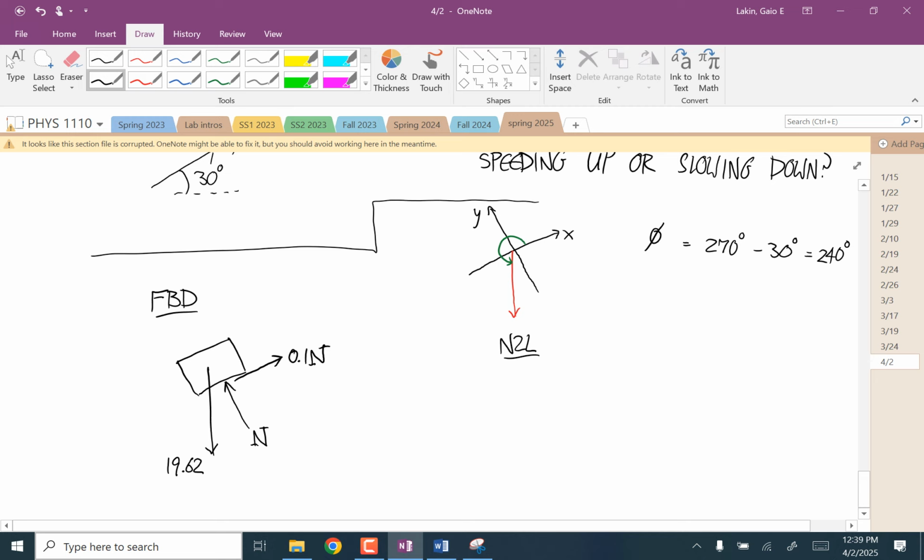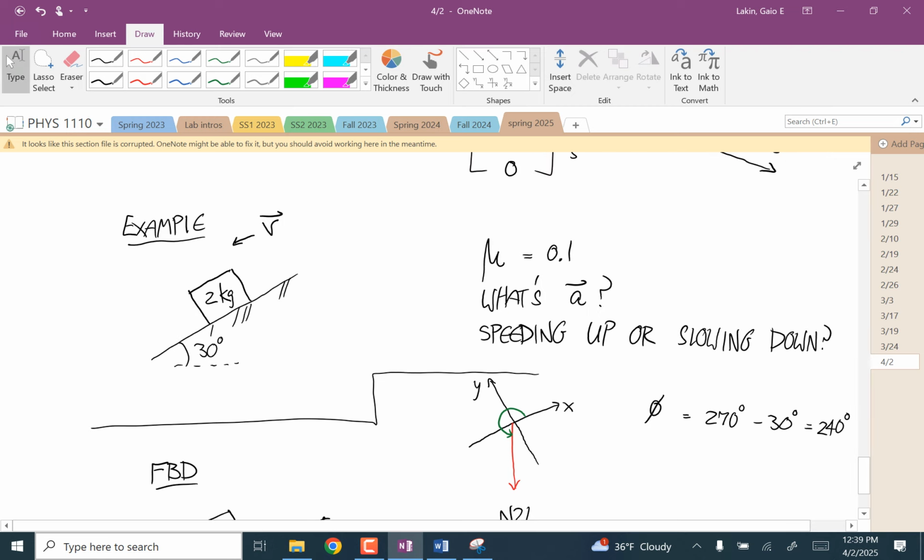So Newton's second law says the weight force is 19.62 times the cosine of 240, 19.62 times the sine of 240, plus 0, n. And now that vector 0.1n, is that in the direction of positive x or negative x?